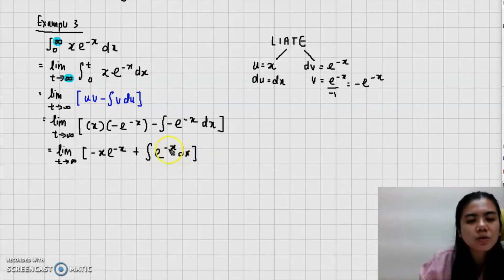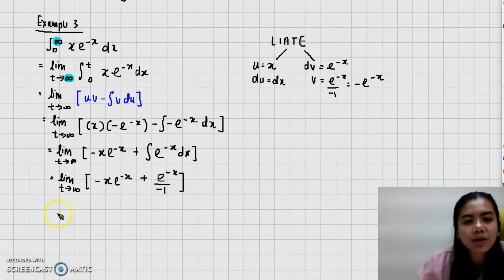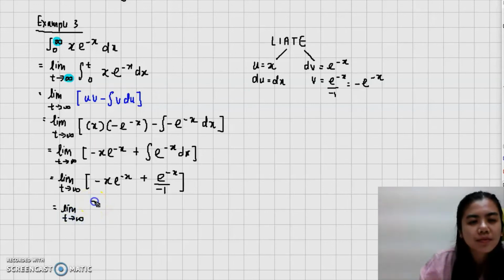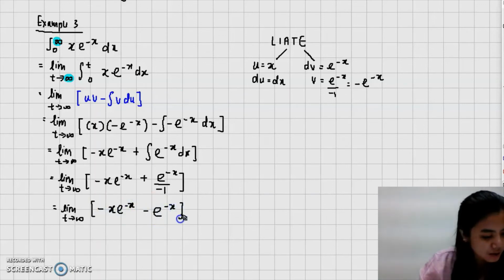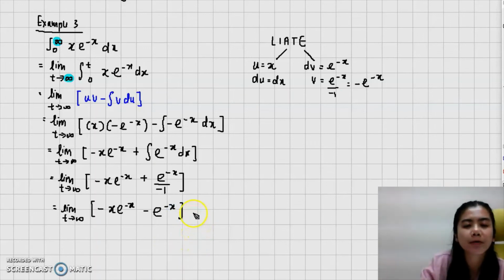This one you can integrate. If you integrate this, of course, we will have the same thing, e minus x over minus 1. Simplify it one more time. Basically that is the result of integration.